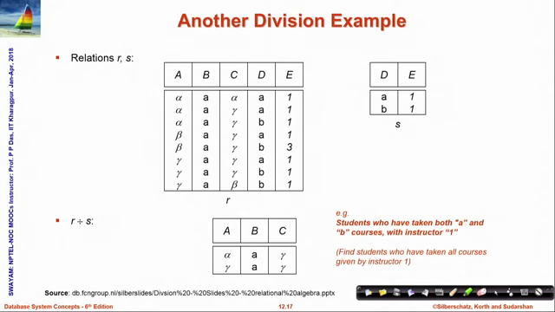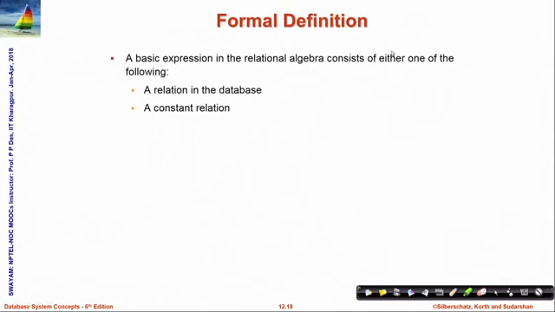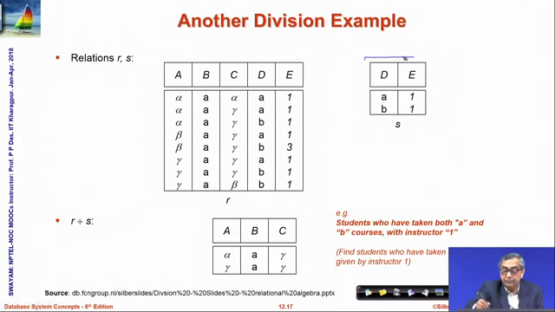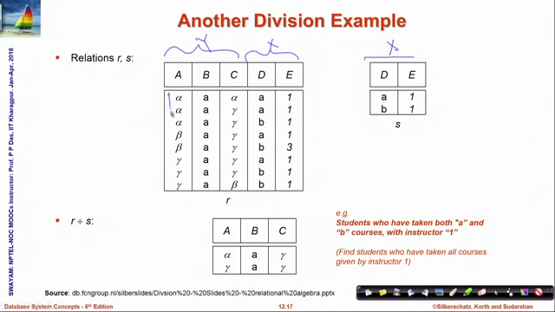So, here R has 5 attributes; x has 2 attributes, and these are 3 attributes y. What I have to look for are those tuples in R where the values over y would be the same, and I should be able to get the whole table of the relation S over the x attributes.